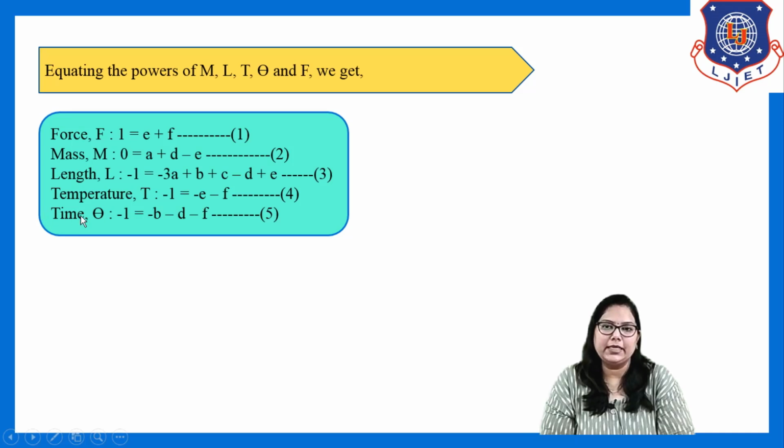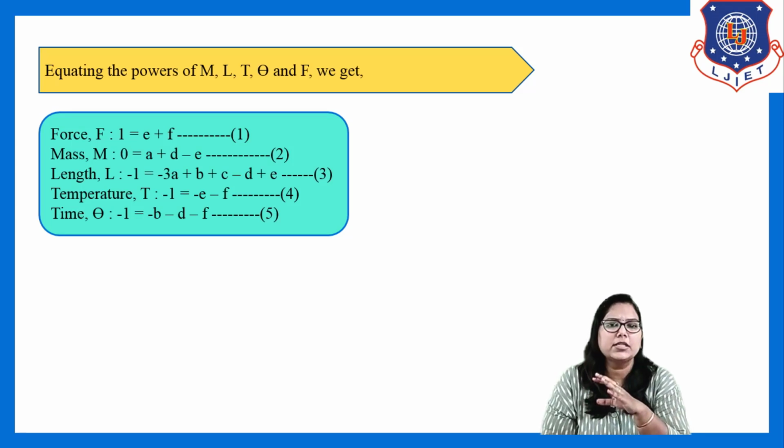And for time theta, minus 1 equal to minus b minus d minus f. So these are the comparing of powers of F, M, L, T, theta, right hand side and left hand side. I have given numbers to these equations 1, 2, 3, 4 and 5.